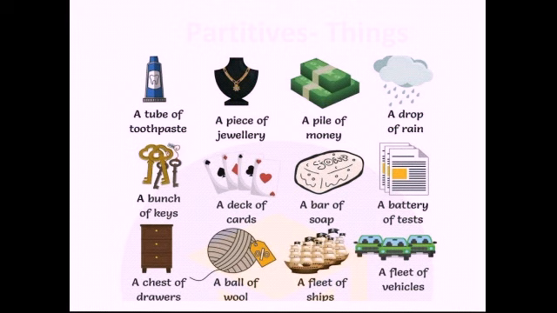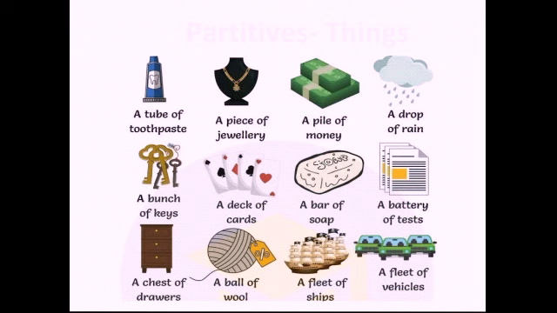Rain. Are you able to count the raindrops? No. But you can say a raindrop or a drop of rain fell on my head. A bunch of keys. A deck of cards. That is a collection or a set of cards.